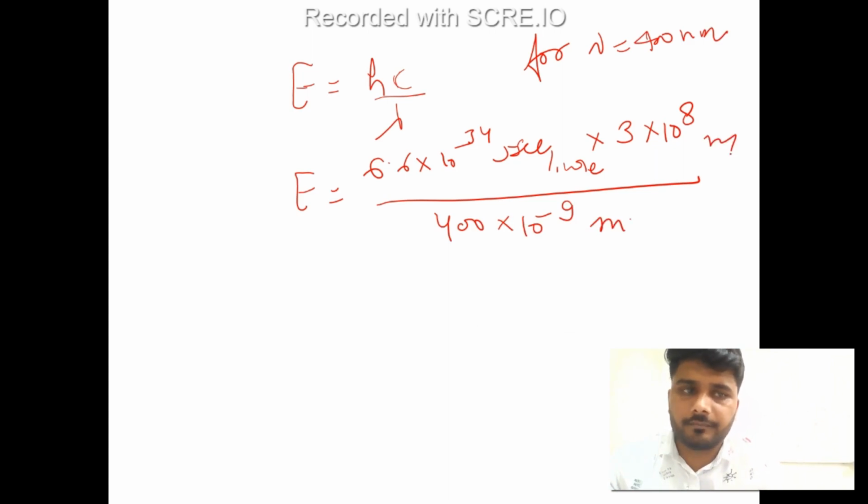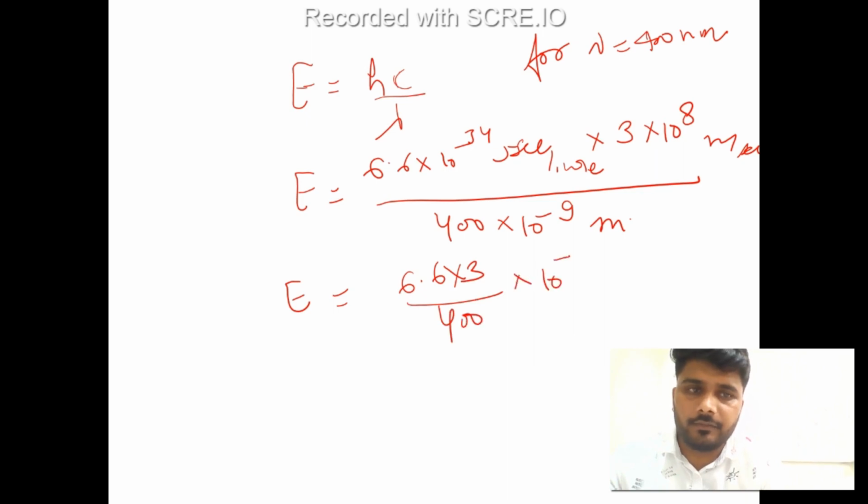You can easily calculate 6.6 times 3 divided by 400, with the power of ten being minus 34 plus 8 plus 9.